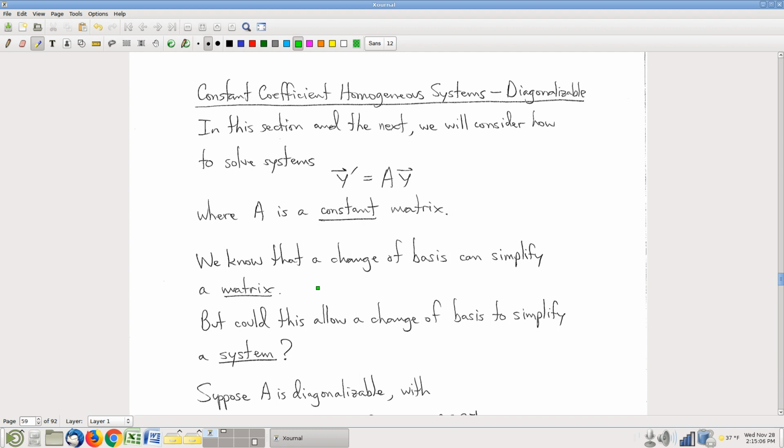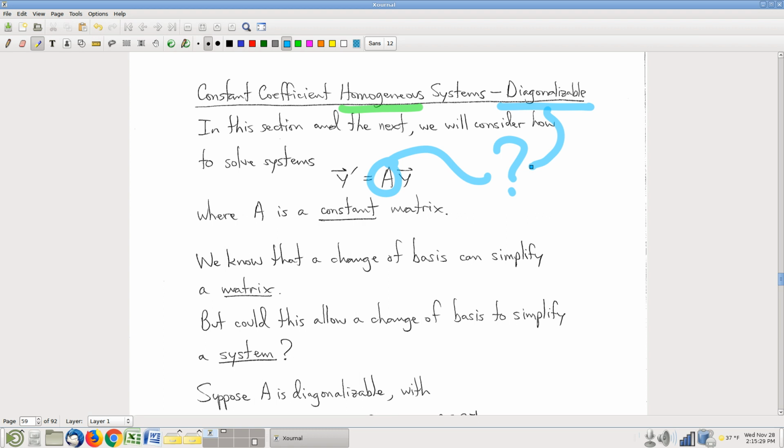But we have to break down the homogeneous case into different cases based on this matrix. And specifically, we need to know whether that matrix is diagonalizable or not diagonalizable. Right? So Chapter 5 rears its head. And it turns out to make a huge difference, and you're going to see why momentarily.